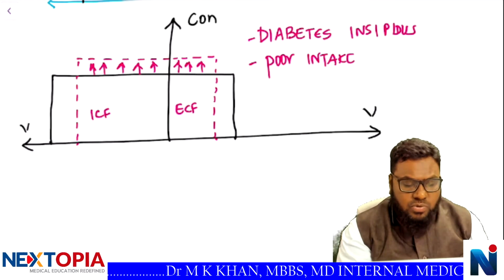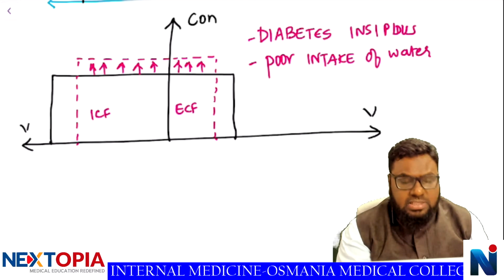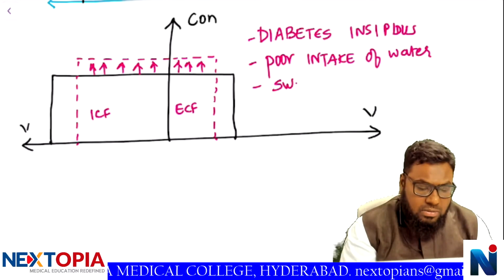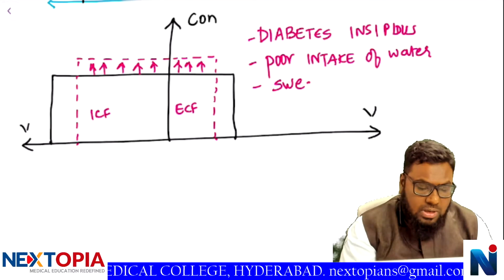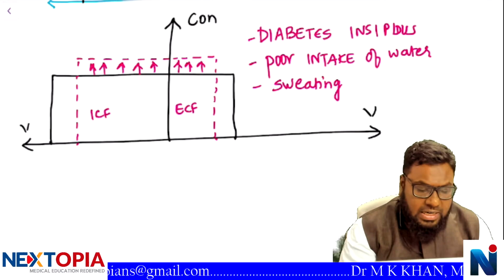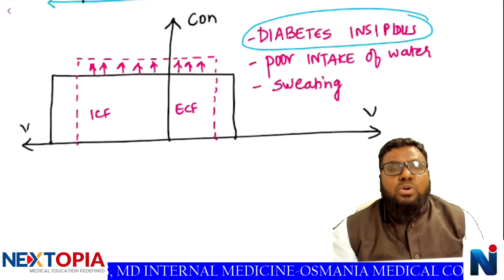Or sometimes profuse sweating in hot weather, summer, and there is a pathological condition I already discussed, that is diabetes insipidus. In case of diabetes insipidus, what happens is there is loss of hypotonic water.